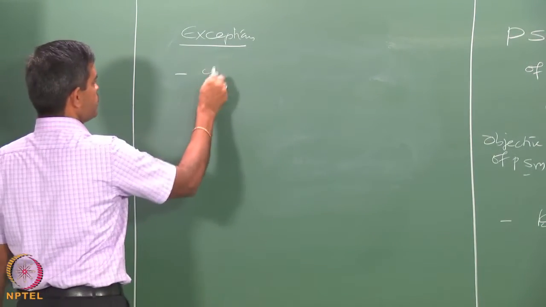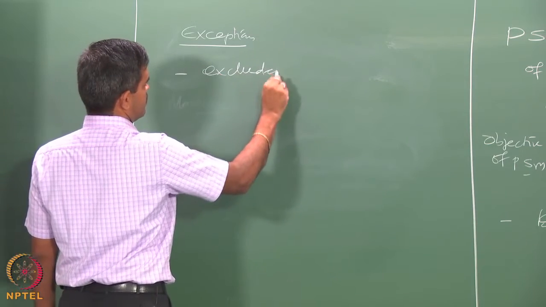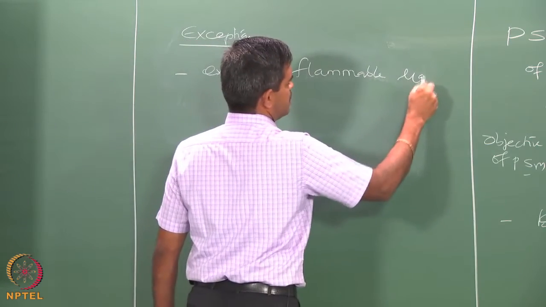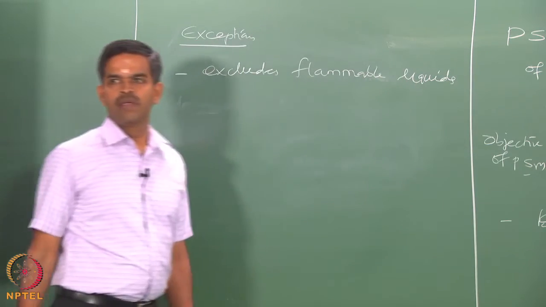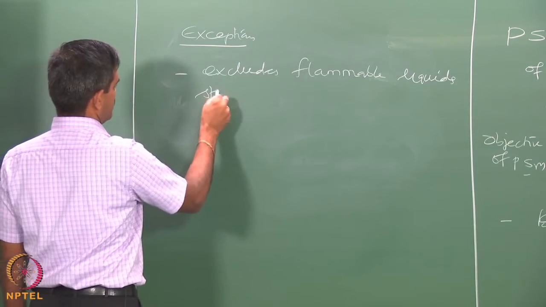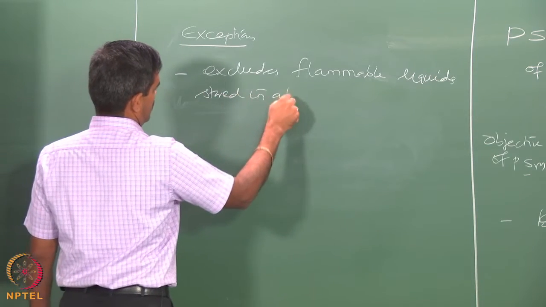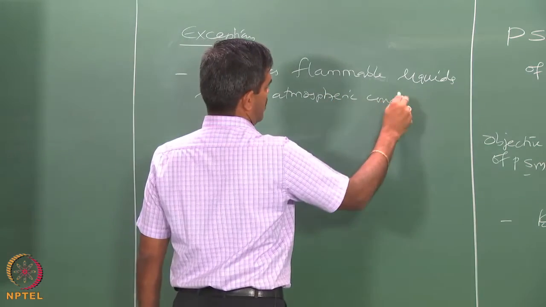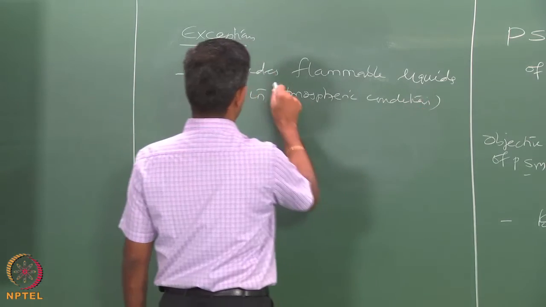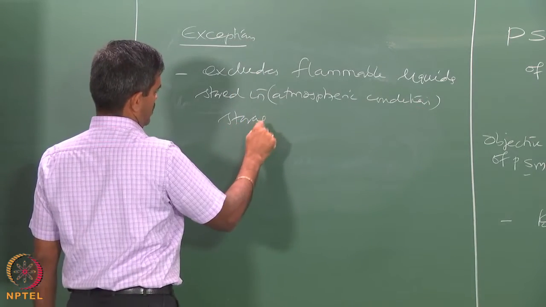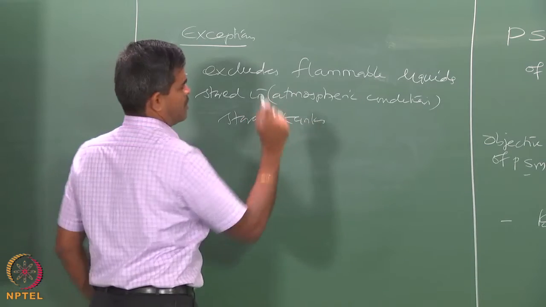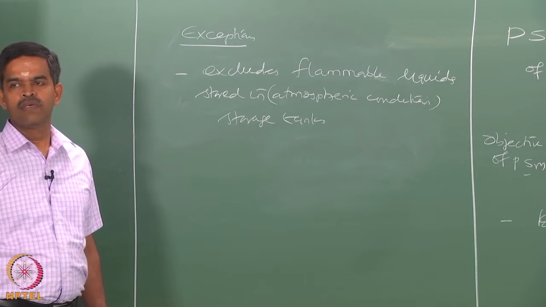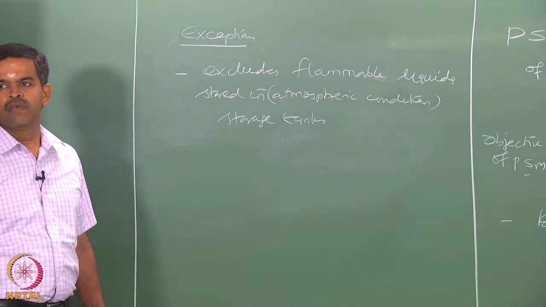PSM excludes flammable liquids stored in atmospheric storage tanks. That is one classical exemption which PSM gives as far as the oil and gas sector is concerned.